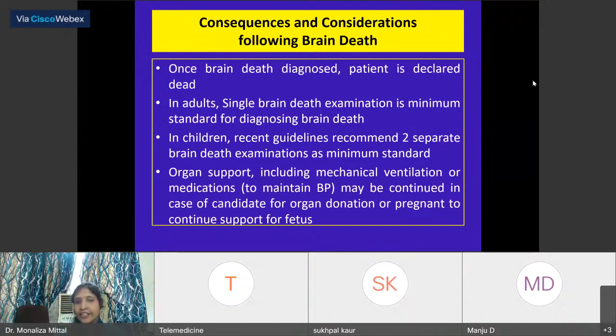In adults, a single brain death examination is the minimum standard for diagnosing brain death, and in children, as per recent guidelines, the recommendation is for 2 separate brain death examinations as the minimum standard. And we need to give organ support. We need to continue mechanical ventilation and medications to maintain BP, because the patient may be a candidate for organ donation or the patient may be pregnant, in which case we continue support for the fetus.